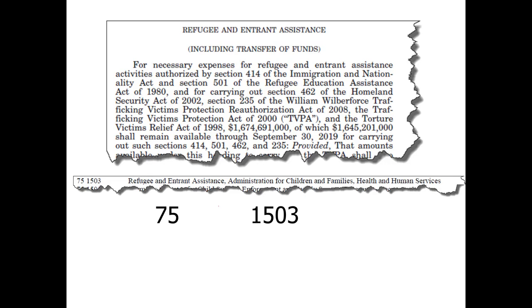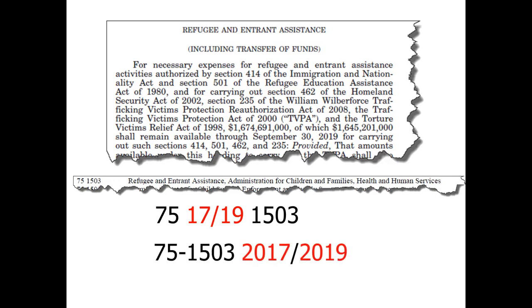Since our sample appropriation was made in 2017, the period of availability begins with 17 and extends to 19, separated by a slash. The OMB version puts the period of availability at the end, again in a 4-digit format.